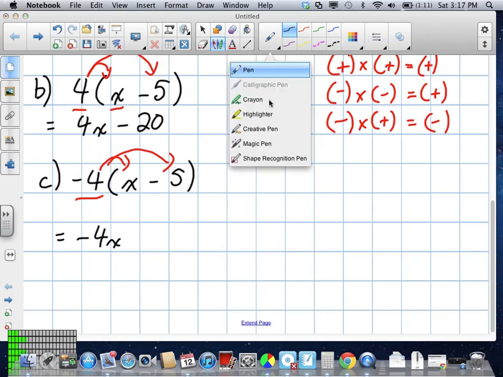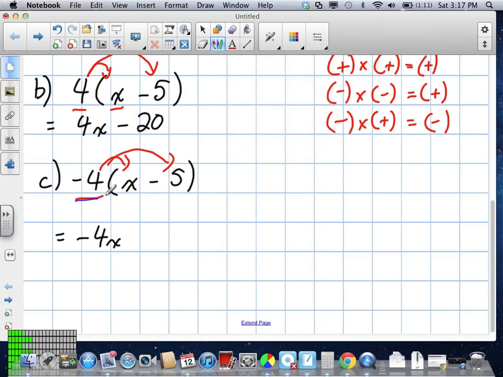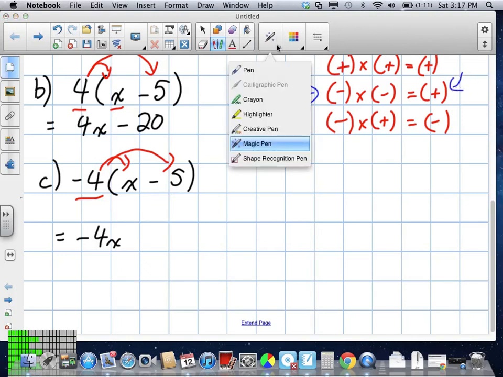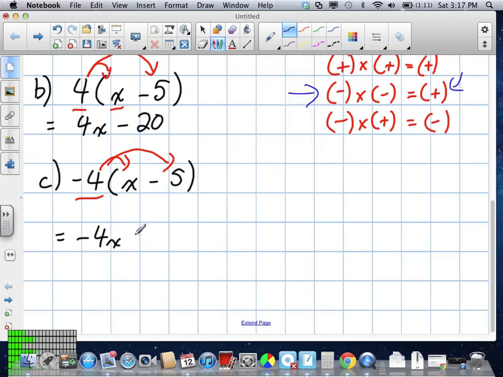And now take a look at this again. I'm working with a negative 4 times negative 5, right? So a negative times a negative, let's look at our rules. What type of answer are we going to get? Positive. So right away, before I even write a term, I know I have a positive 20. So that's where your little error was, your sign was the wrong one.